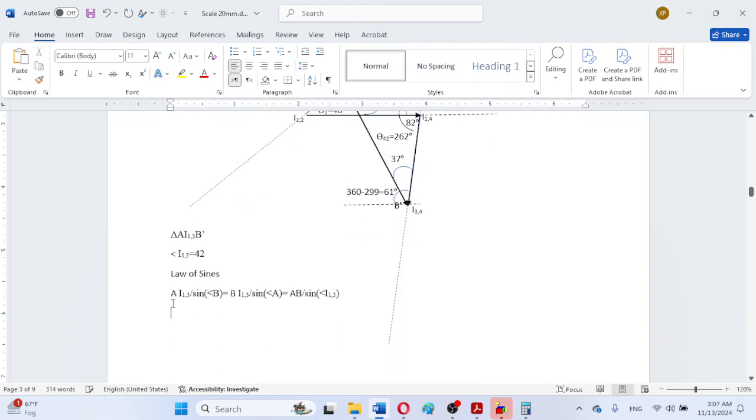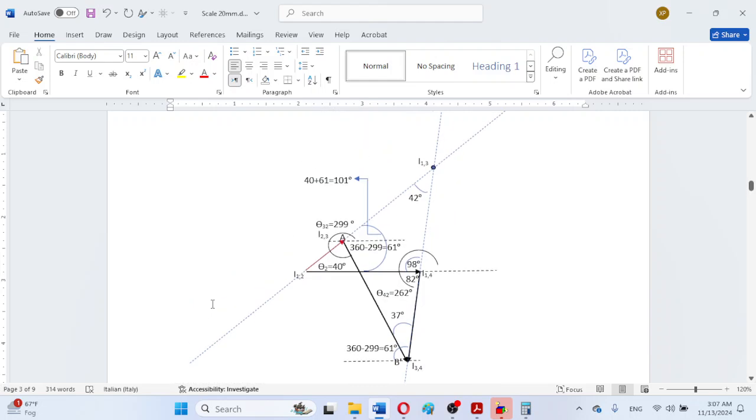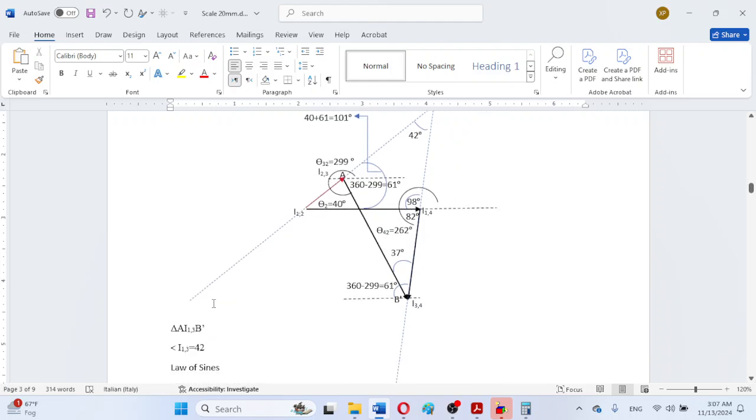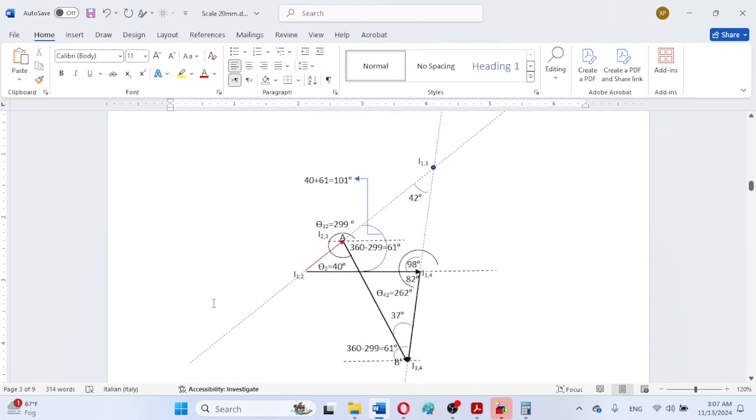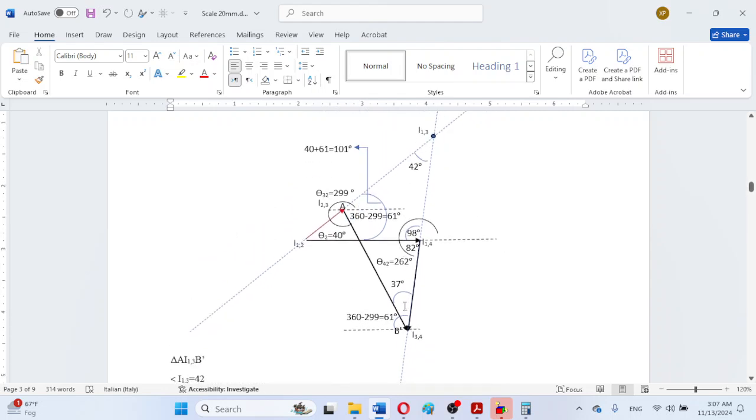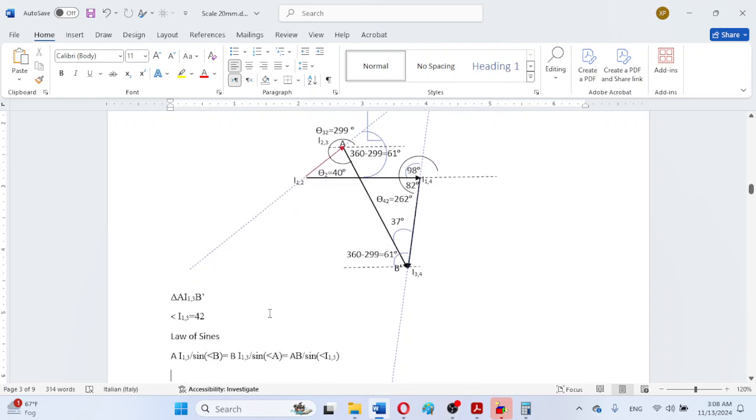So with the help of the law of sines we can observe that the side opposite is proportional to sine of 37, which is equal to the sine of angle B dash.